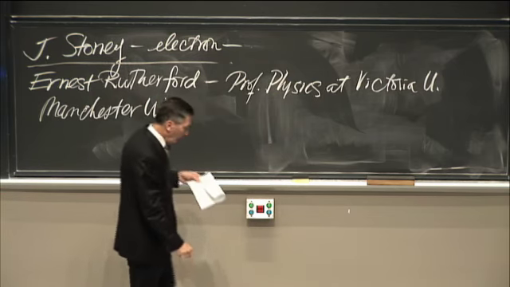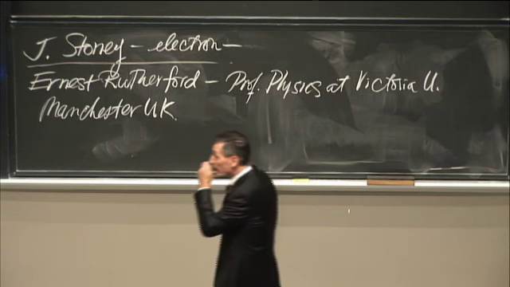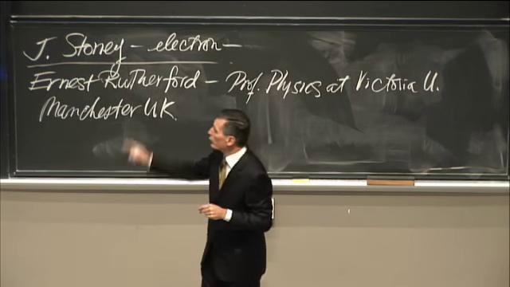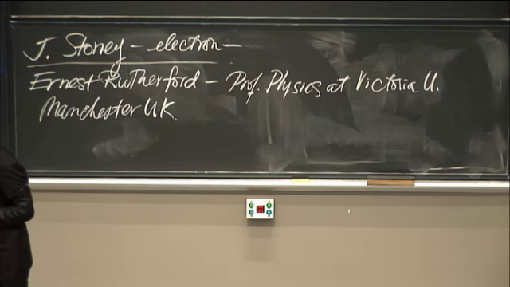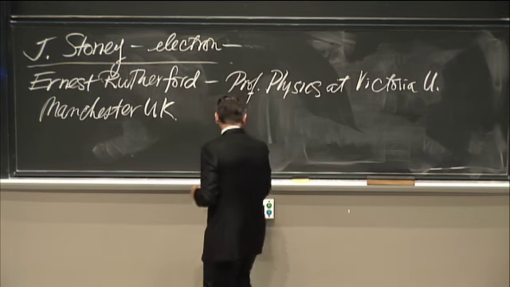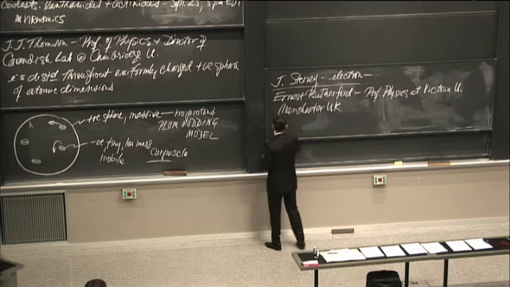Now he came out of New Zealand and got a scholarship to study at Cambridge University. And he was actually a research student for J.J. Thomson, and he conducted his thesis research under J.J. And during that time, his thesis research was about the properties of charged particles.